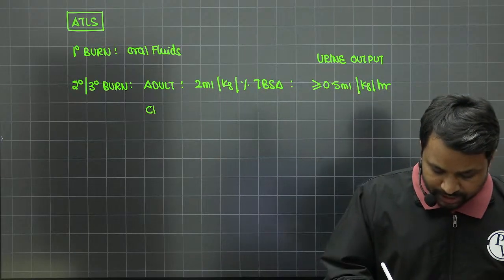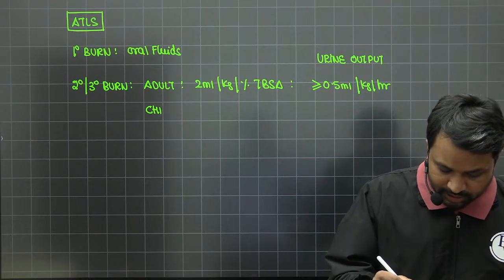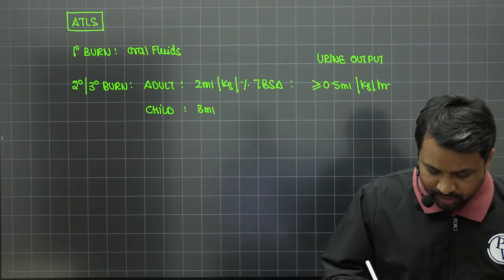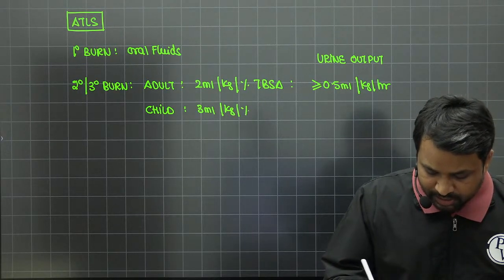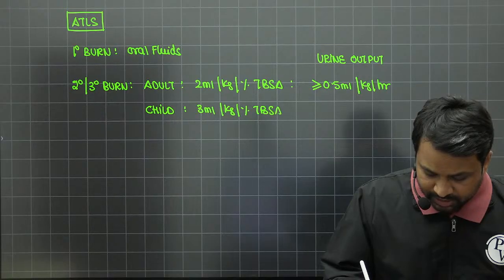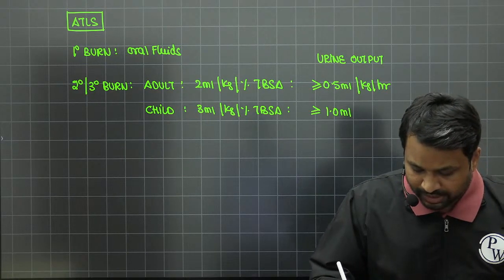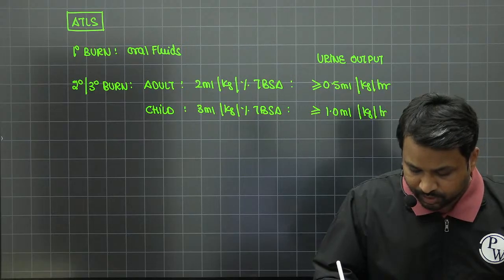If you have a child with a second or third degree burn, then it is going to be 3 ml per kg per percentage of total body surface area burnt. In children, we target the urine output to be more than or equal to 1 ml per kg per hour.